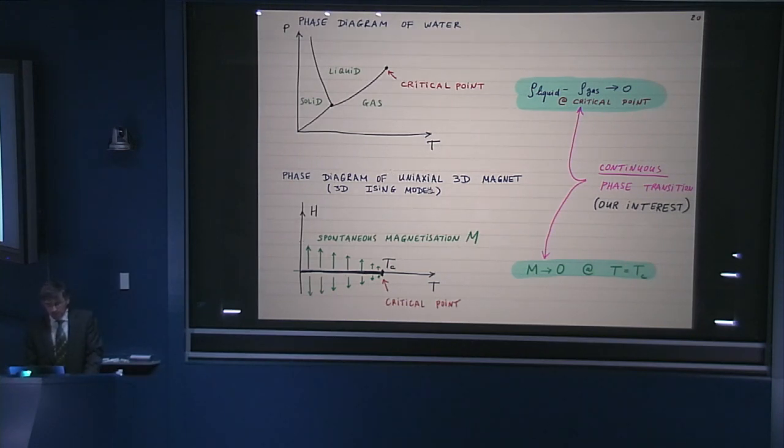Another example of a continuous phase transition you can find in the theory of magnets, or if you know, the three-dimensional Ising model which describes it mathematically. For liquids, the two parameters were temperature and pressure. For magnets, the two parameters you can vary are the temperature and the magnetic field that you apply to the magnet.